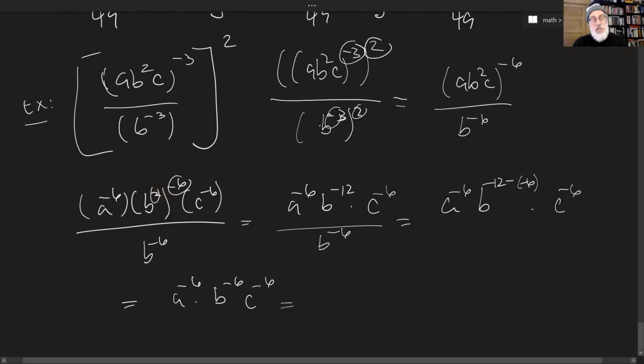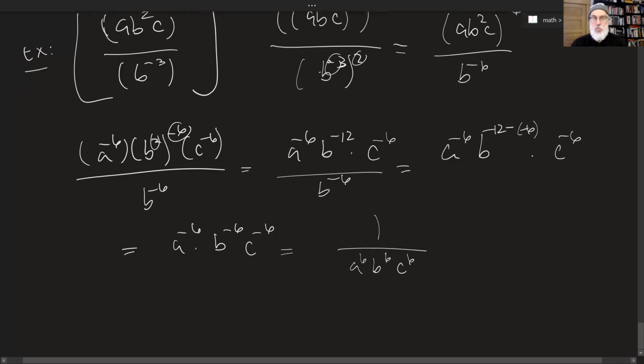These are all negative exponents, so let's move them all to the bottom: a to the 6, b to the 6, c to the 6, which we can be done with, or we can be cute and say that's really just abc to the 6th.